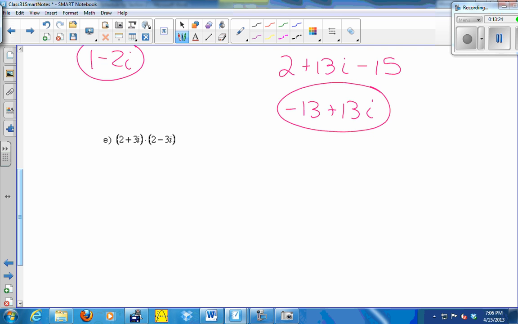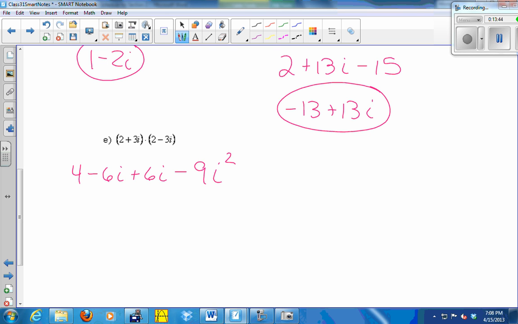Okay, you do E. Multiply 2 plus 3i times 2 minus 3i. Okay, so we FOIL it. We get 4 minus 6i plus 6i minus 9i squared. Okay, so that's nice.